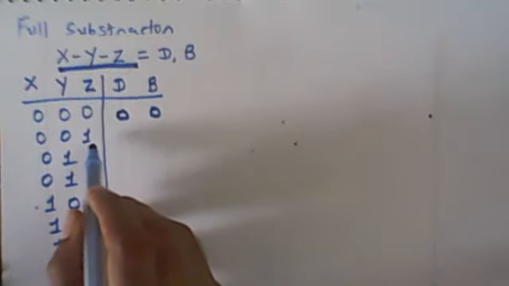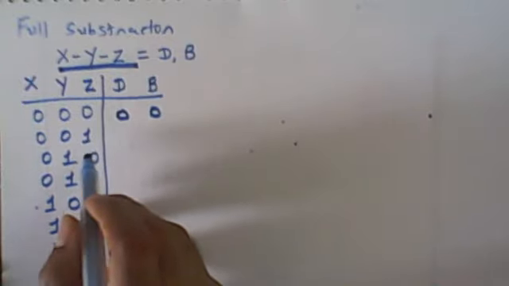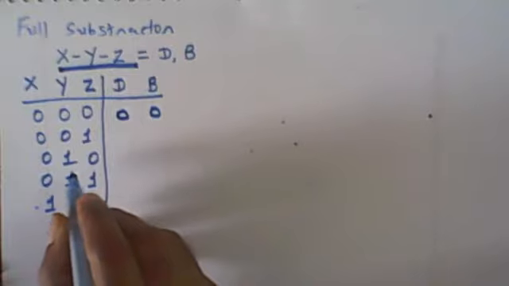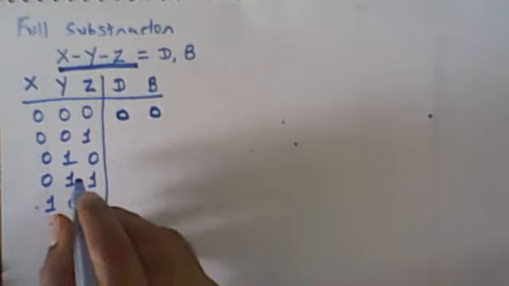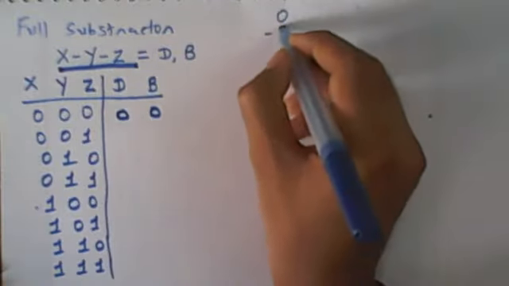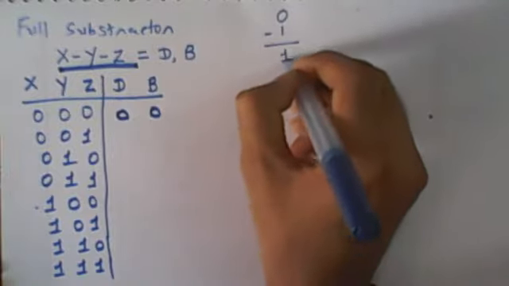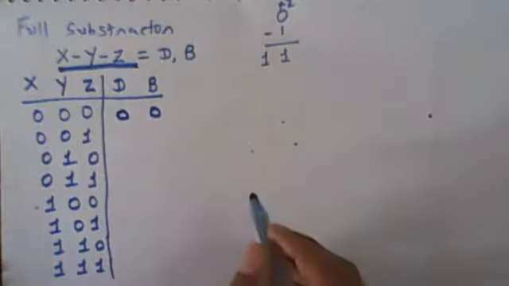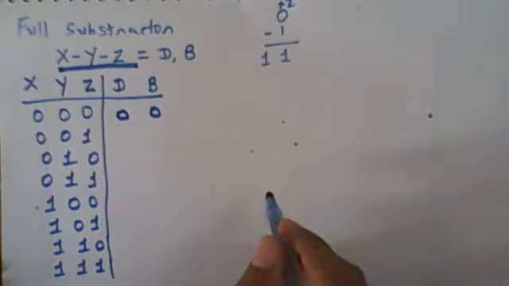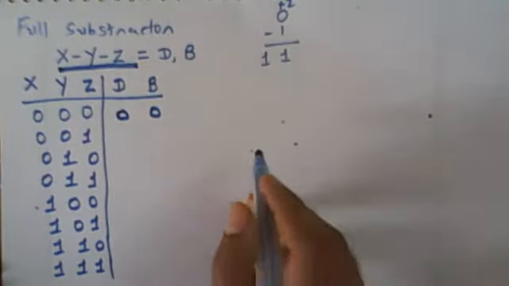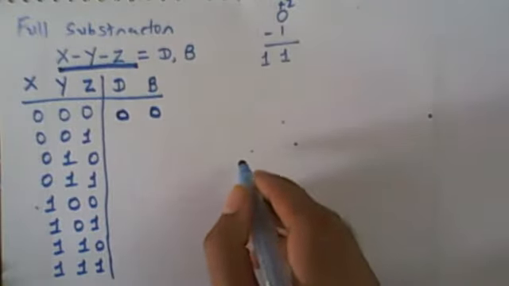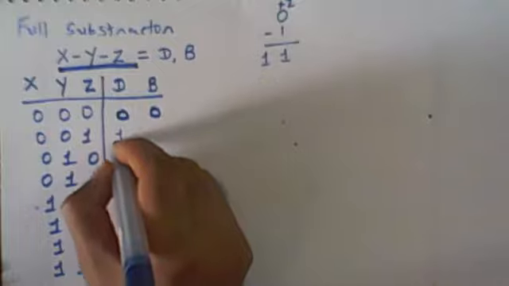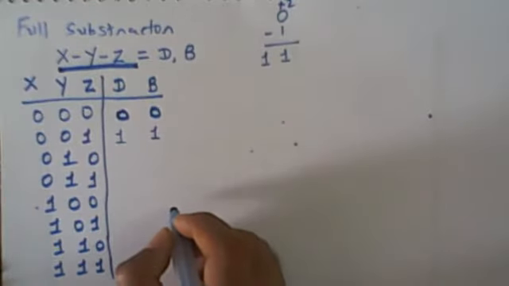Now 0 minus 0 minus 1 produces difference equal to 1 and borrow also equal to 1. If we do 0 minus 1, the difference is 1 and borrow is also 1, because 0 minus 1 is not possible. We need to take the borrow from the higher digit, right? So the difference and borrow bits are both 1 and 1.